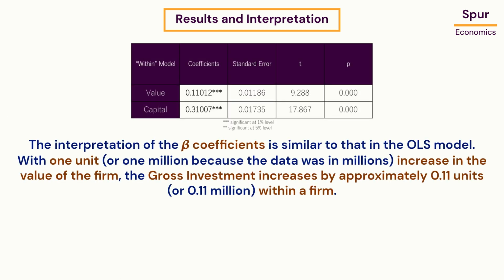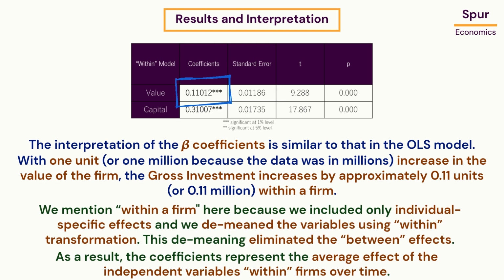The interpretation of the beta coefficients is similar to that in the OLS model. With a 1 unit or 1 million increase in the value of the firm, the gross investment increases by approximately 0.11 units or 0.11 million within a firm. We mention within a firm here because we included only individual specific effects and we demeaned the variables using within transformation.